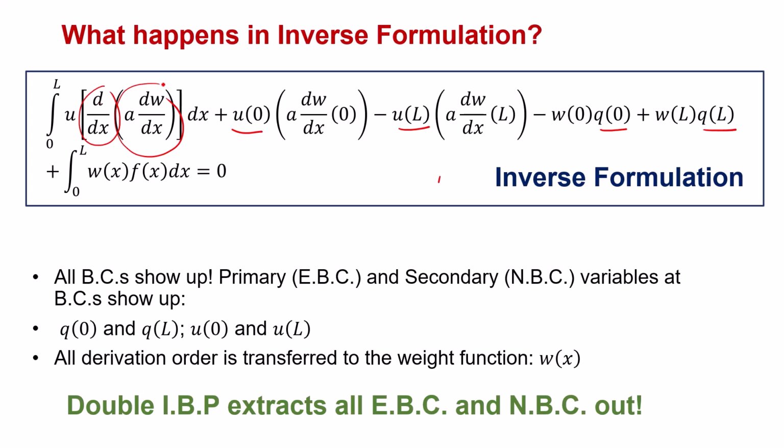That means that the displacement variable, or u, no longer carries any derivative, or we can say it's fully integrated out. In other words, performing double integration by parts extracts all EBC and NBC terms and gives us the key foundation for the boundary element method. We have reduced the entire problem to terms that exist only on the boundaries.